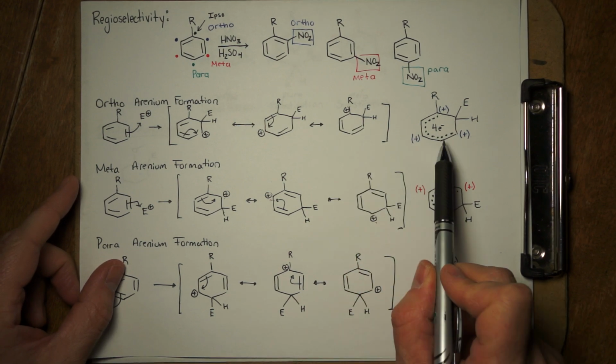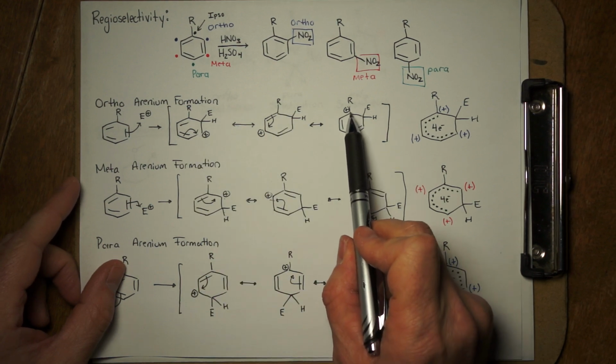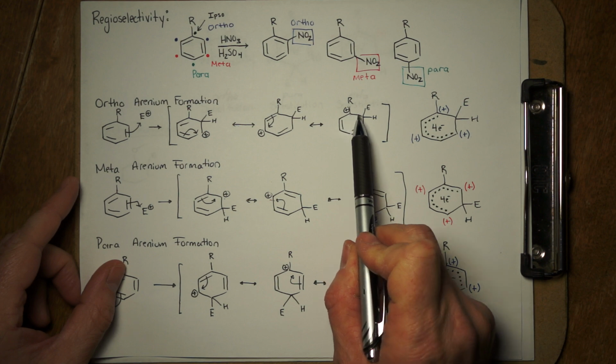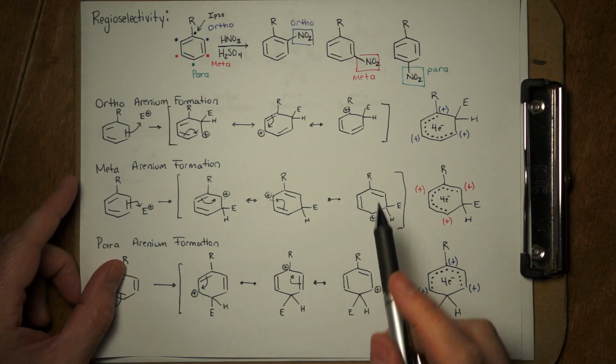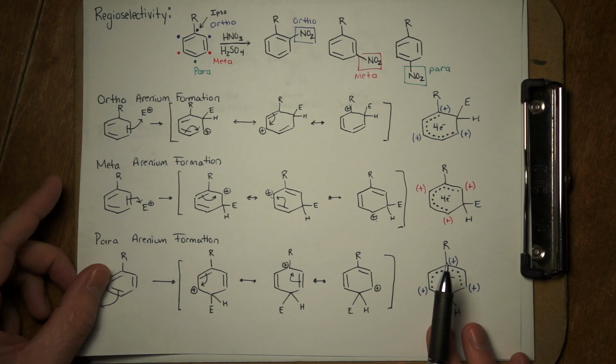Even though the overall arenium intermediate is an average of these three structures, for this lecture we're going to use this to represent the arenium intermediate because this is probably going to be most illustrative of how that R group affects the stability of the arenium intermediate.